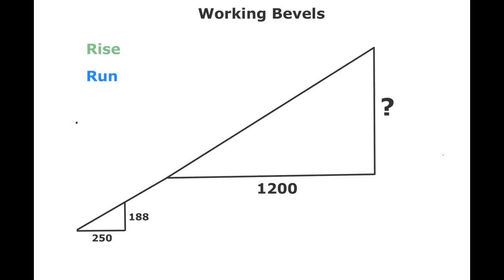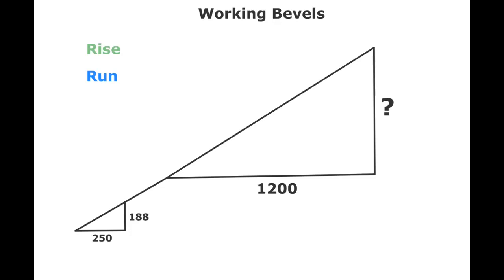So then we've got, this is more of a standard working bevel scenario. This is a little bit more typical to what it looks like. Your engineer is giving you your scale on a smaller triangle, your actual working bevel. So when we say working bevel, this is typically what we're looking for on a drawing. And then we can relate it to a bigger part of the drawing that it's attached to, in this case, 1200. So we need to know what's the rise of this scenario, right?